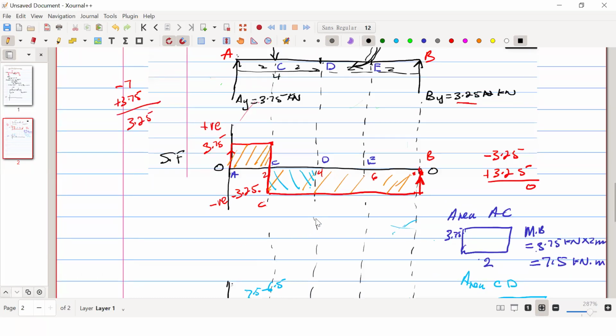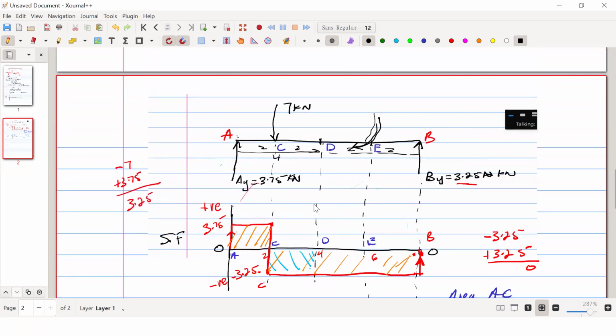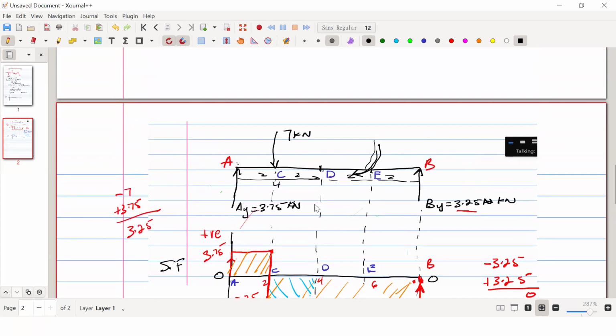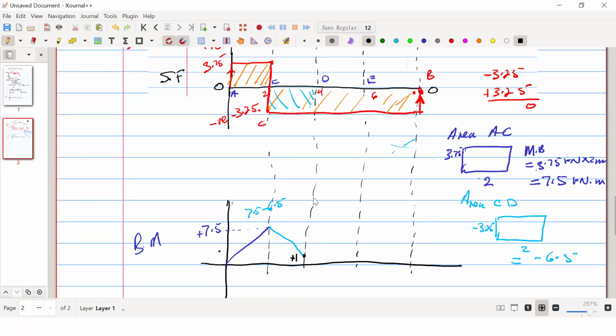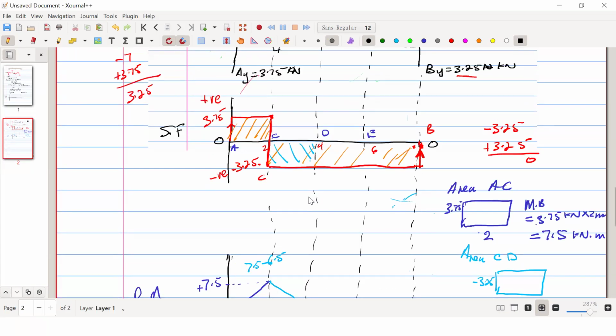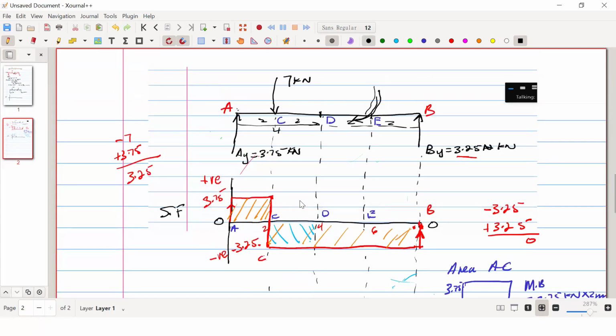What did it have at D? No, it didn't have anything at D. Make sure my diagram is right. It was at C we had it. Okay, all right. Hold on. Oh, is D the force? Where did I get it at E?